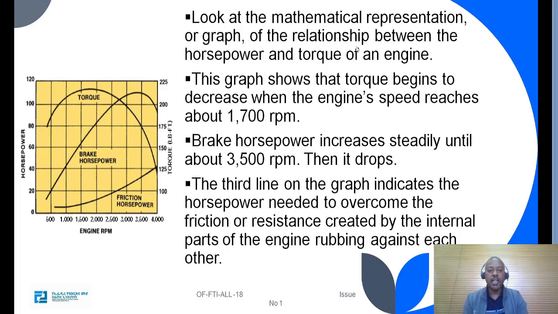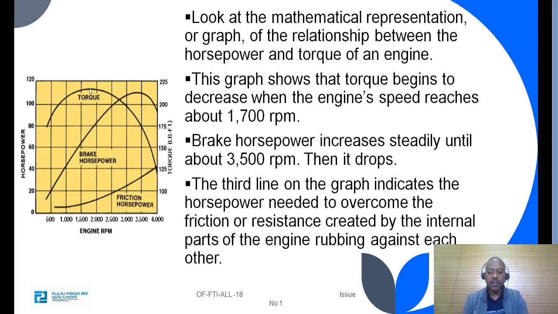Look at the mathematical representation of the graph of the relationship between the horsepower and the torque of an engine. This graph shows that torque begins to decrease when the engine speed reaches about 1700 RPM, around here. So the torque decreases after this point.